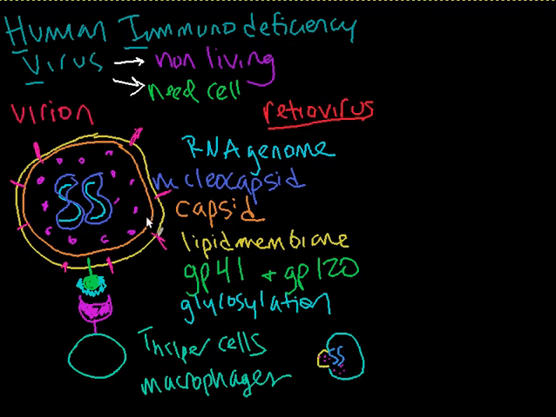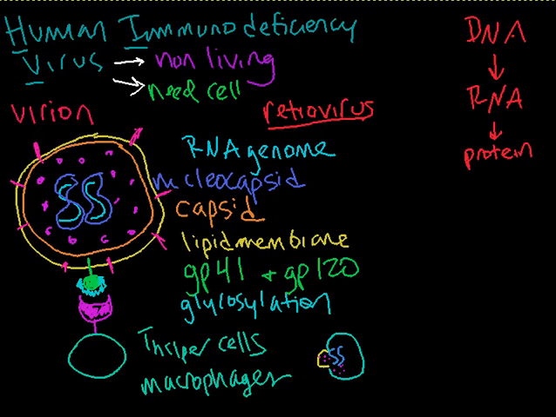And that term's very important because it means that HIV can reverse the normal flow of genetic information in a cell, right? So normally we go from DNA to RNA to protein. And this is what's called the central dogma of molecular biology. Information flows from one to the next and you can't go backwards.